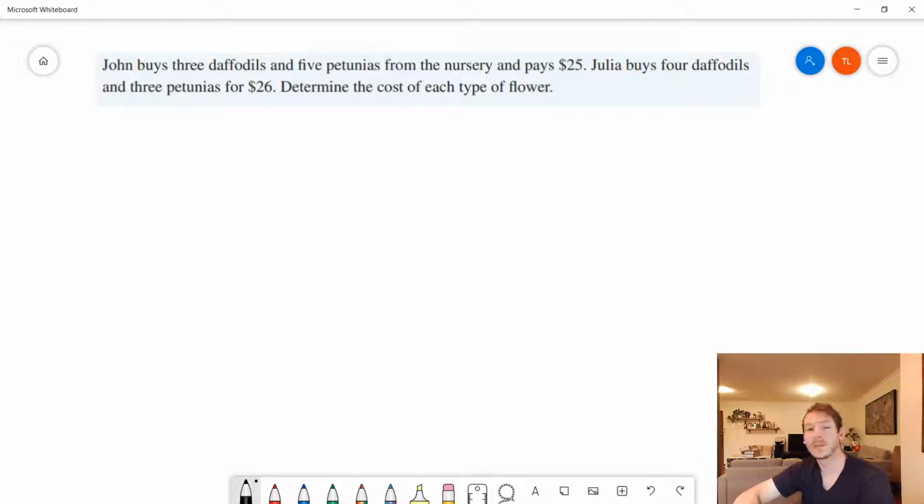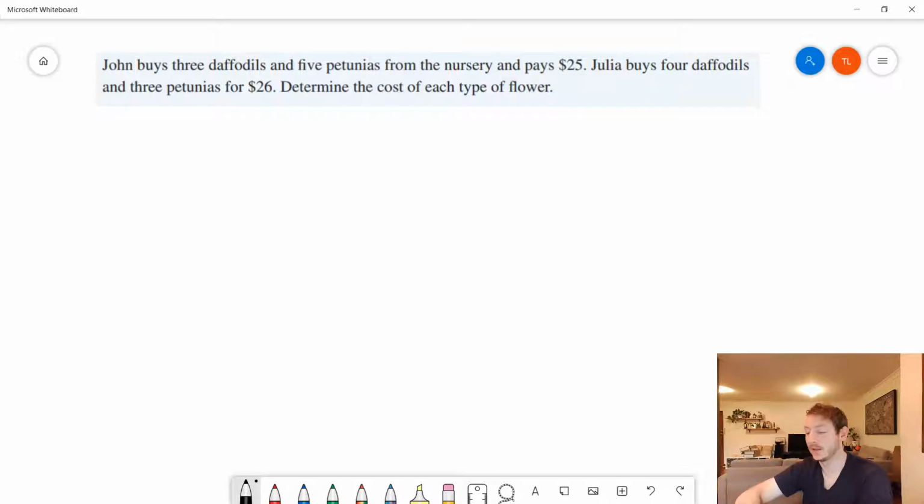Now, I will say it's hard to use the letters D and P here for daffodils and petunias, because we need to remember, are we talking about the cost of them or the number of them? We often use C for cost, N for number, or sometimes X for an unknown number. And we have both of them in this question.